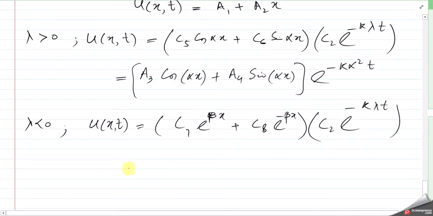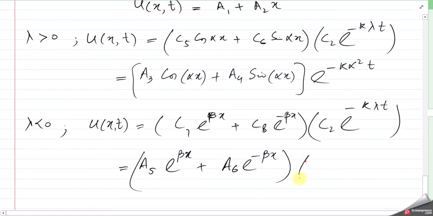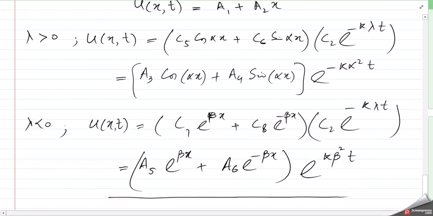And once again, we will rename the constants first: a5 e raised to the power beta x plus a6 e raised to the power minus beta x, into c e raised to the power minus k times minus beta square t, so the minus signs will go away. And that completes our solution of the PDE for now.